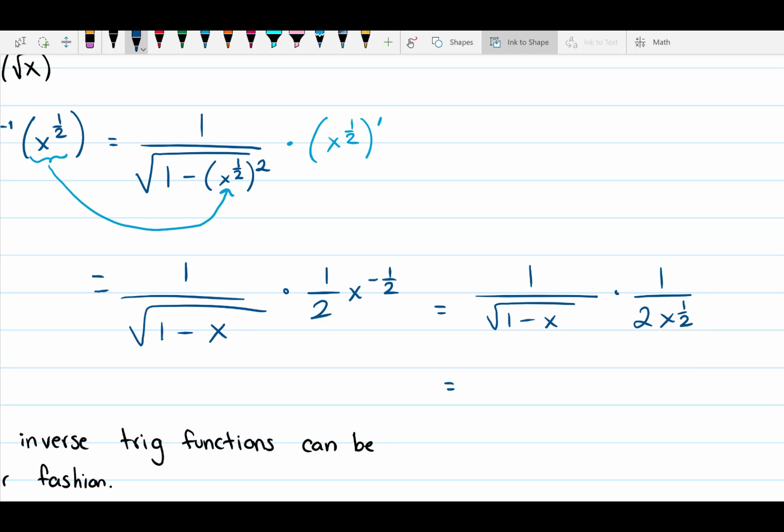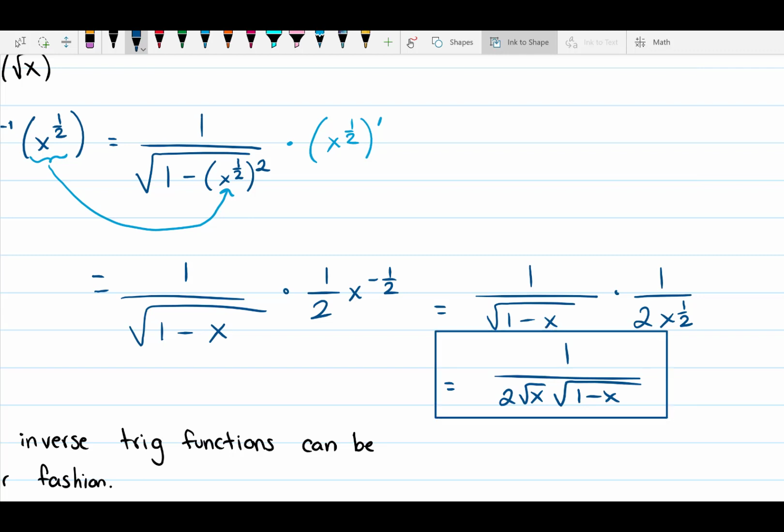And then simplifying that, you get 1 divided by 2 square root of x times the square root of 1 minus x. And you could simplify that by distributing in that square root of x, but it's fine just like that.